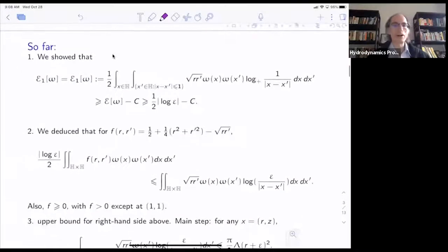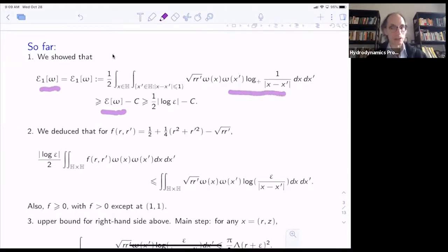We showed that the energy is defined in terms of this opaque kernel, the axisymmetric reduction of the Green's function on R3. We related that to a more comprehensible looking thing, which is this energy E1, which looks like this.